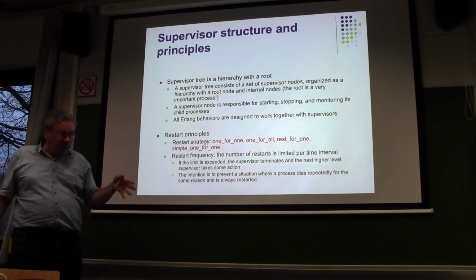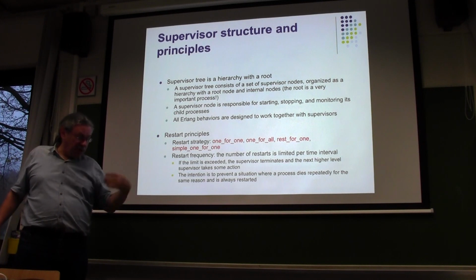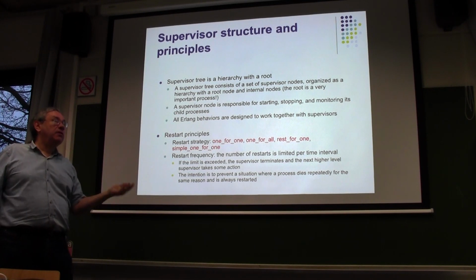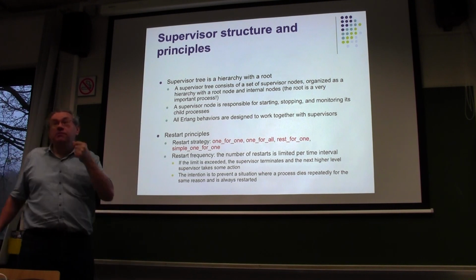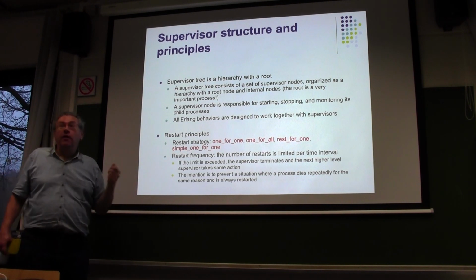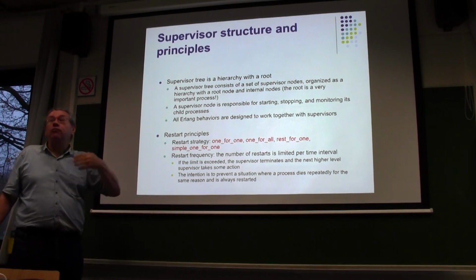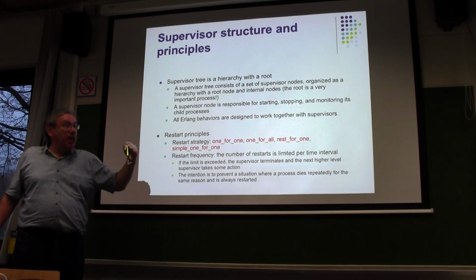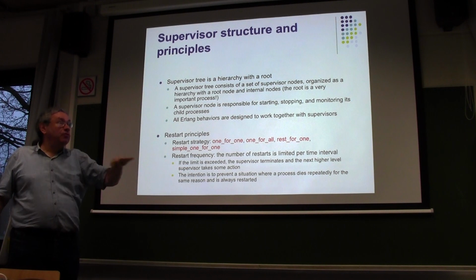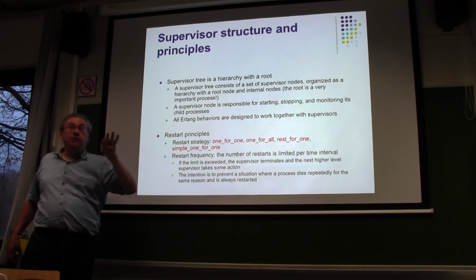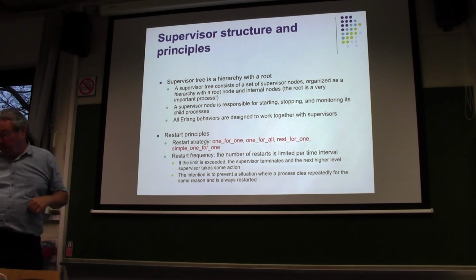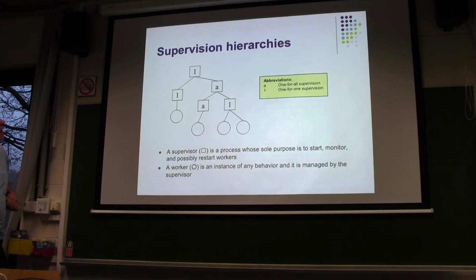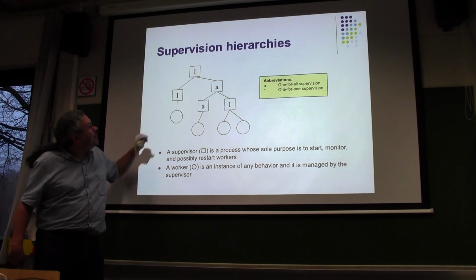For example, maybe there's a disk, and each time you reboot it, it crashes again. This might happen once because there's a piece of dust in there, and it works, or you have to reformat or something. But at the higher level, if something goes wrong, you might have to reconfigure the system to remove that disk. That's something that's done at a higher level. So the supervisor has this hierarchy.